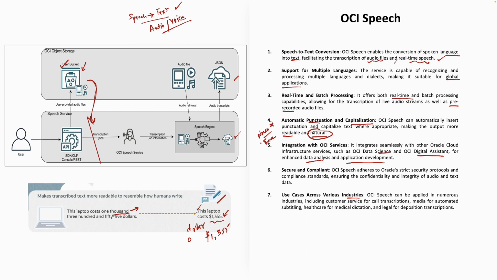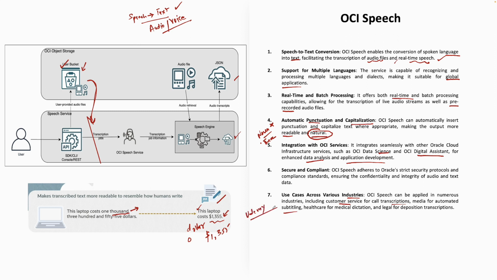So OCI Speech can be applied in numerous industries, including customer service for call transcription. If you look at call transcriptions and medical transcriptions, you will see that OCI Speech will be used. Media for automated subtitling. A perfect example would be Udemy.